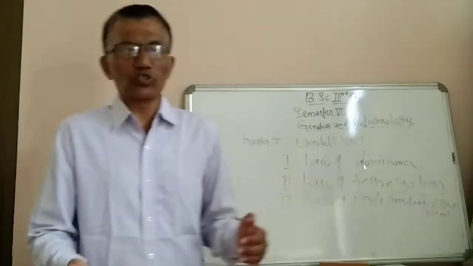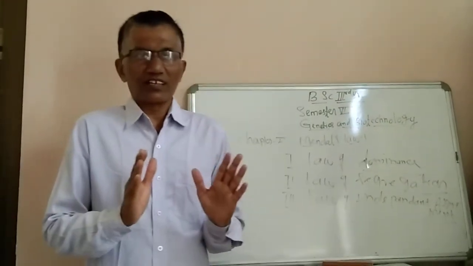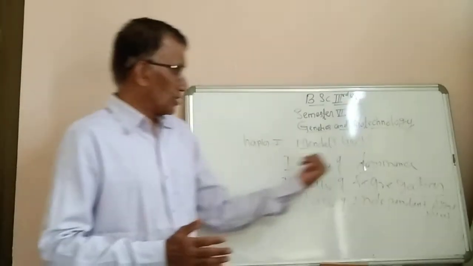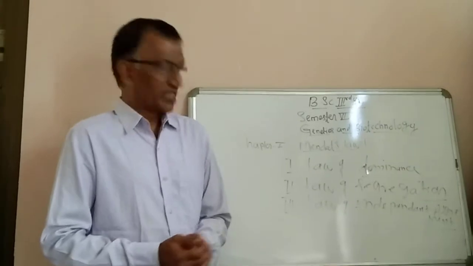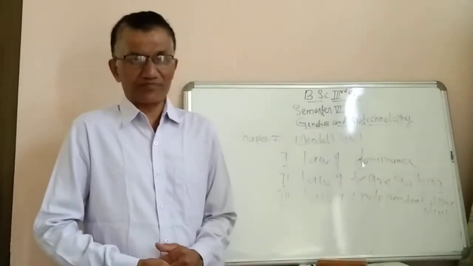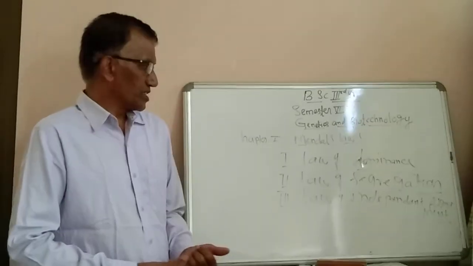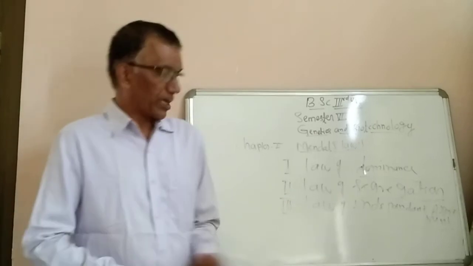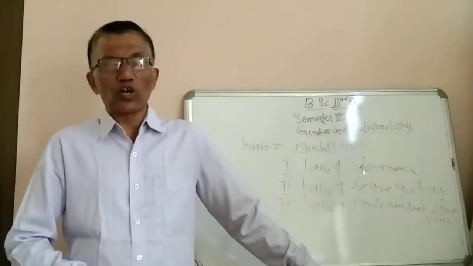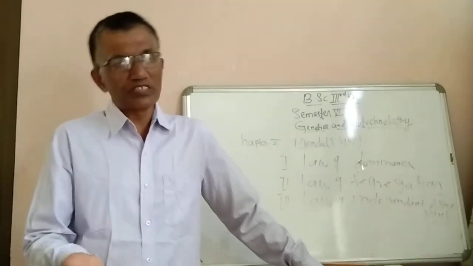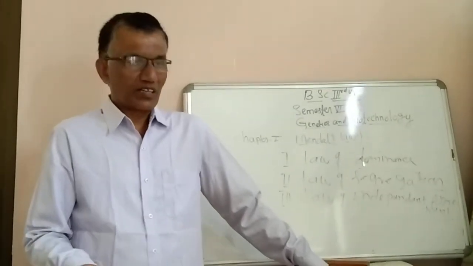These are the terminologies you have to study very perfectly. Then only it is possible to understand the law of dominance, the law of segregation, and the law of independent assortment. With the help of pea plants, it was explained how these characters are transferred from one generation to another.